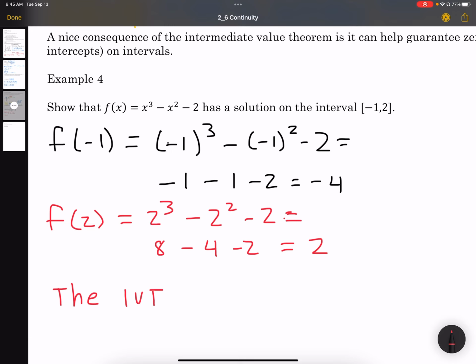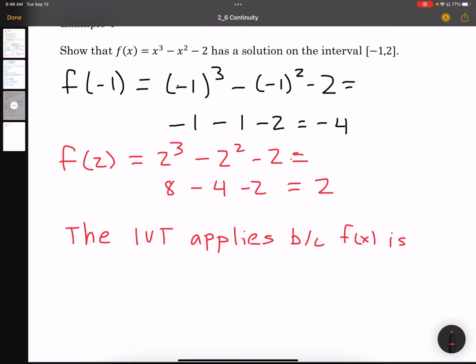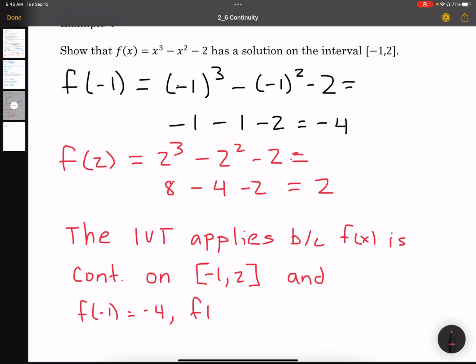So because f of -1 is -4 and f of 2 is 2, the intermediate value theorem applies, because f of x is continuous on the closed interval, is continuous on the interval -1 to 2, and f of -1 equals -4, and f of 2 is equal to 2. So between the values -4 and 2, to get from -4 to 2, you have to equal 0 at some point.